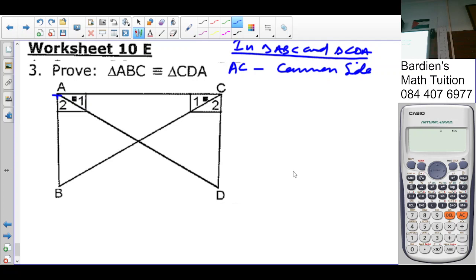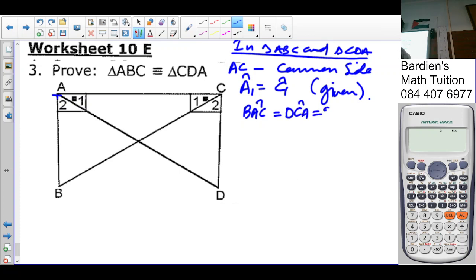Right. What else can we say? Angle A1 is equal to angle C1. Why? It's given equal. One more. BAC is equal to DCA, or CAD.